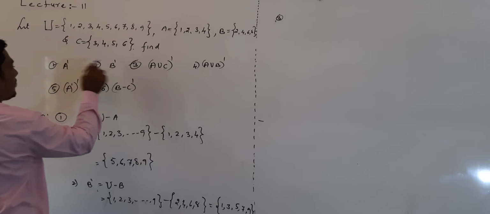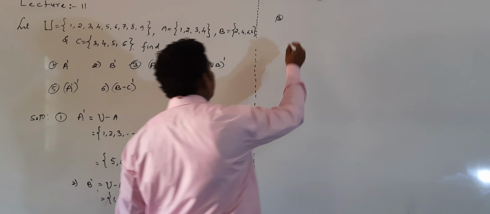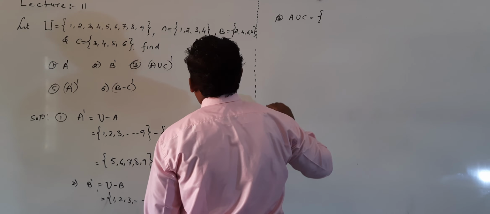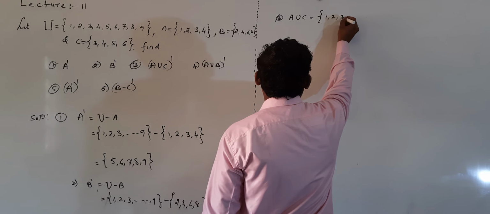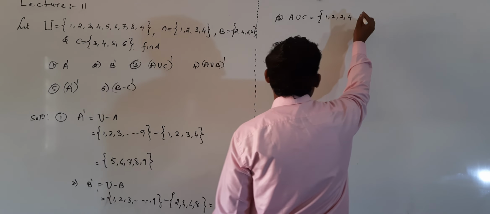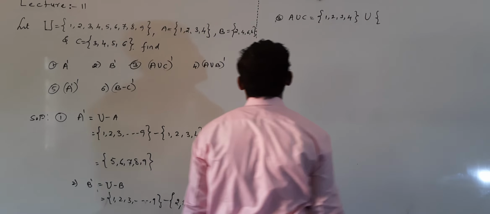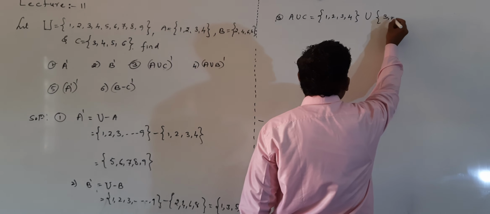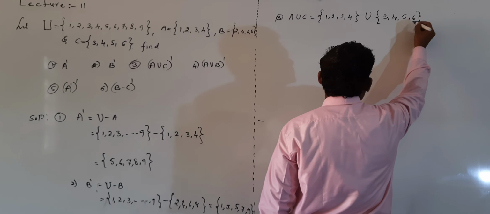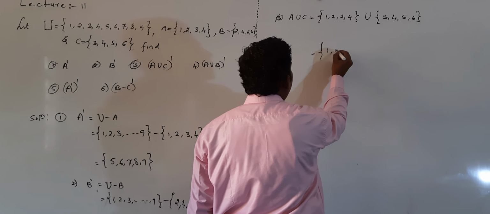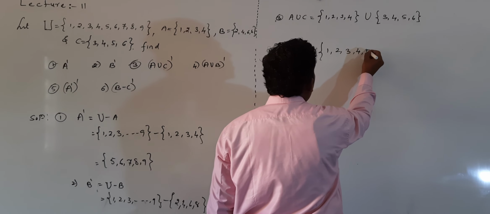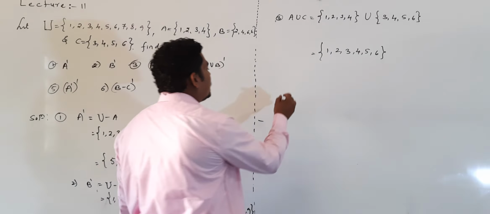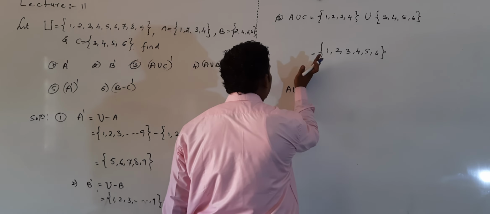Third one, A union C whole complement. First write A union C, that's equal to set A: 1, 2, 3, 4, union set C. C is 3, 4, 5, 6. After union, 1, 2, 3, 4, 5, 6. This is our A union C. We need A union C whole complement.